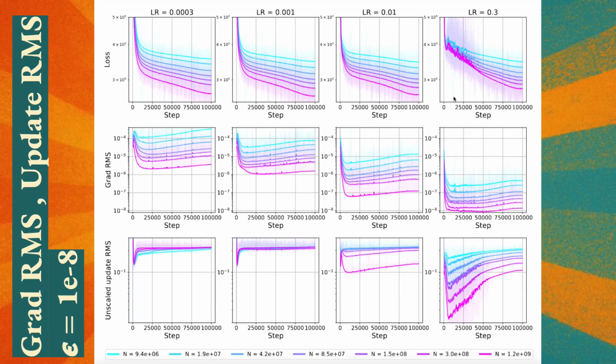A couple of things I think are interesting. First of all, we see that the unscaled update collapses. It drops 1 or 2 orders of magnitude as we go from step 0 to 25,000 to 50,000.